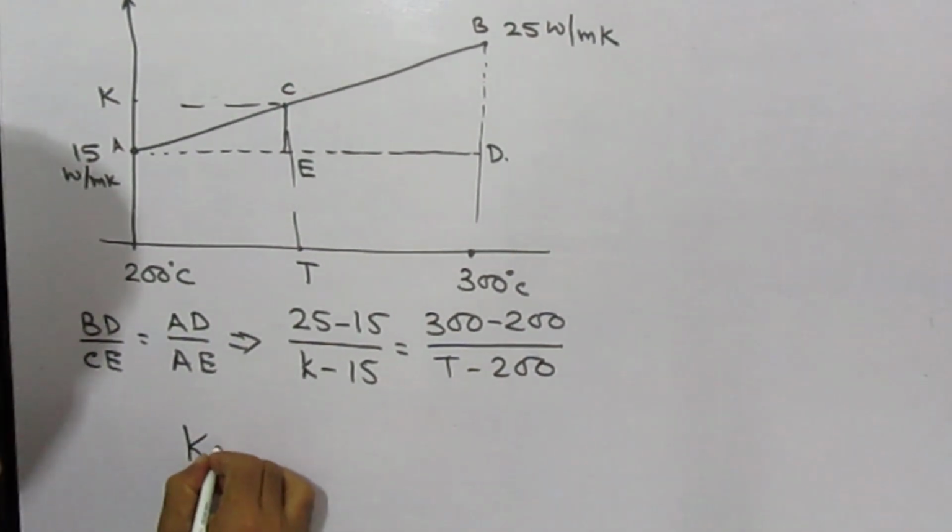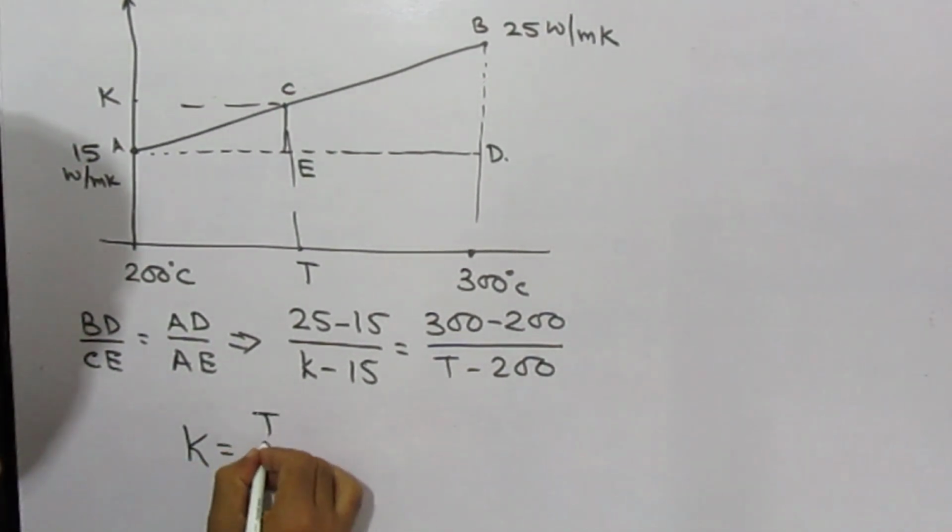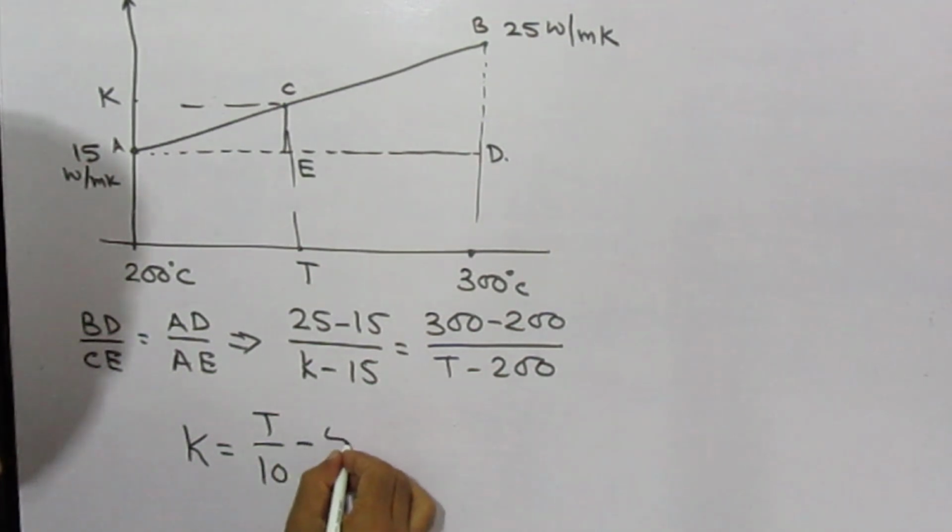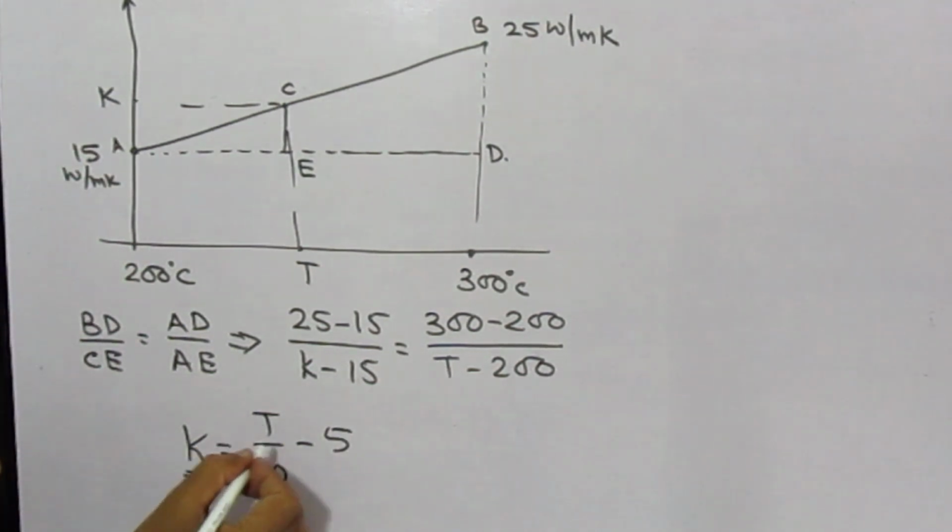Then conductivity K equals T by 10 minus 5.